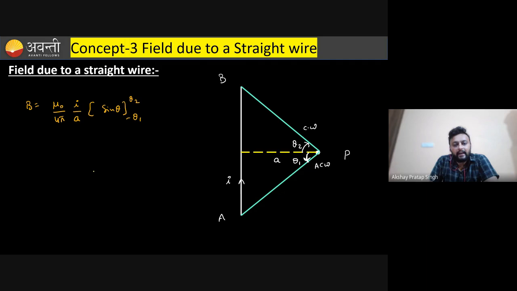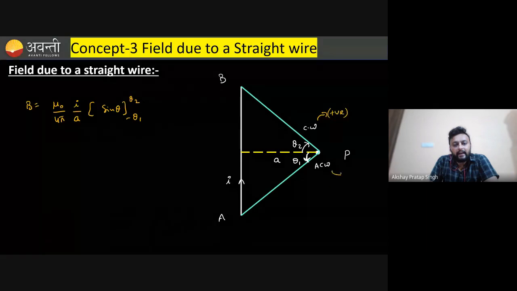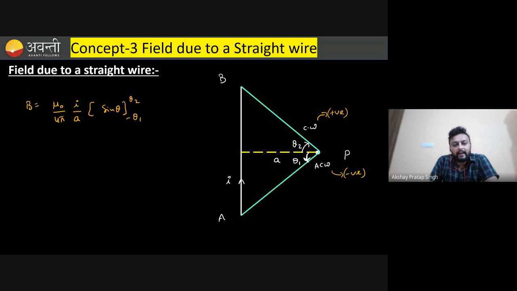This is our sign convention, taking anti-clockwise as negative and clockwise as positive angle. Now, this is the basic standard relation. Everybody knows that you need to put the limits on this. Remember this one, or you can put it in a golden box.